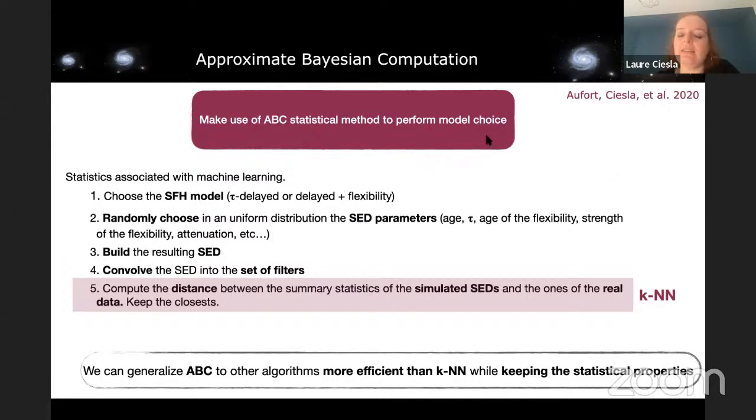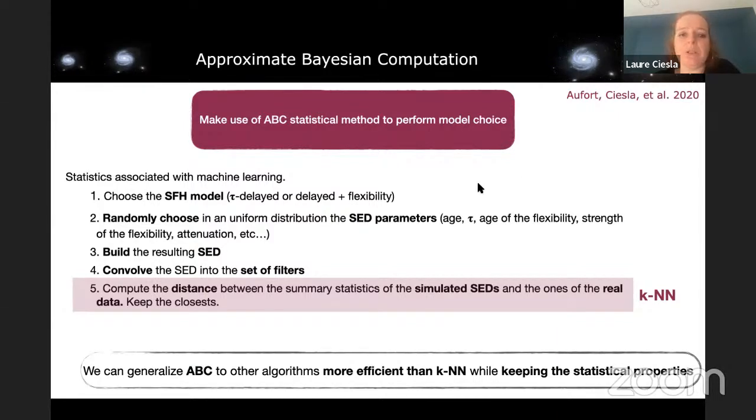And in this case, it will help us to understand which star formation history best represents our galaxy's fluxes. So here we want to discriminate between what I showed you, the simple delayed that provides a bias in your measurement, and the delayed plus flexibility that allows you to model galaxies that are experiencing a starburst or a quenching.